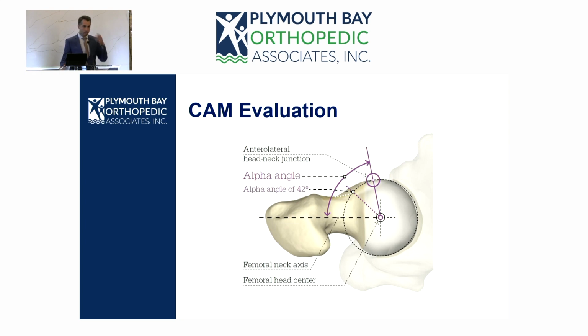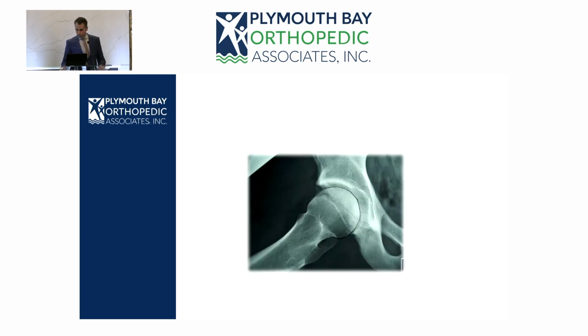Anything over 45, 50 degrees can be indicative of impingement, although all the other measurements and the clinical exam need to be taken into account, because oftentimes you can have impingement and dysplasia at the same time. I'll get to that in a little bit with some of the software that helps us evaluate that in full detail. And here is obviously a femur with a CAM deformity.